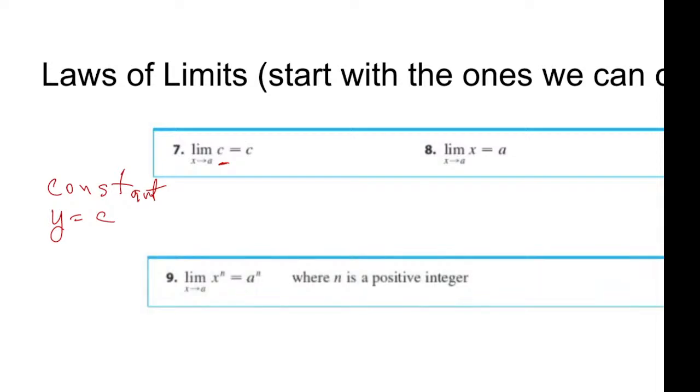The next one builds on property 8. If it works for y equals x, if I take an exponent onto x, this is the function y equals x to some power. All that's happening is I'm taking a number, plugging it into x, and raising it to that power. So if I put a in for x and raise it to that power, that's the y value.